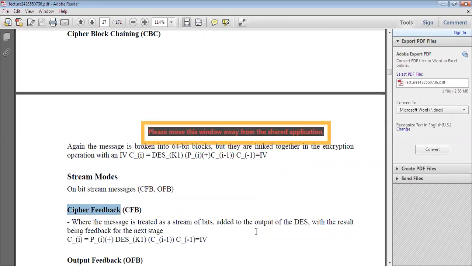Those bits you give as input to the DES algorithm. Here you can use two types of stream modes: one is cipher feedback and the second one is output feedback.